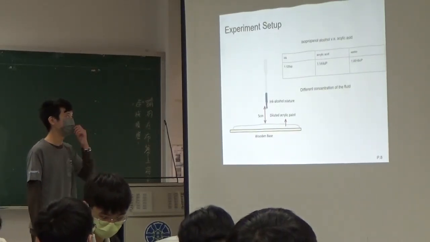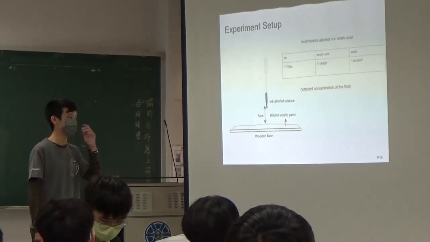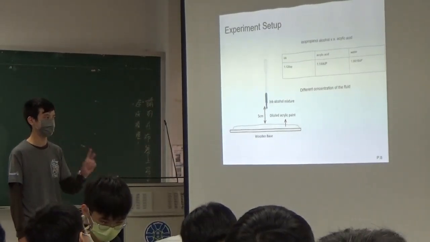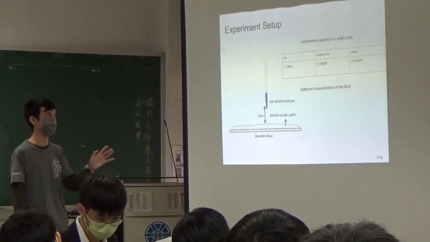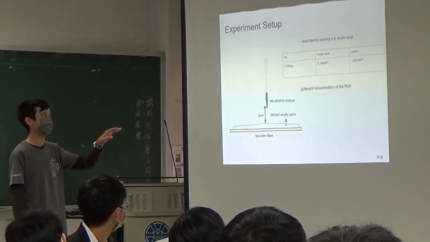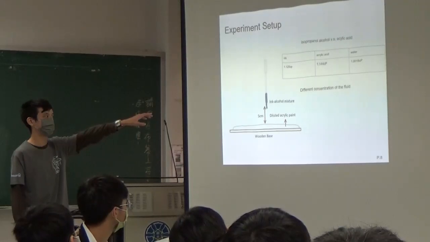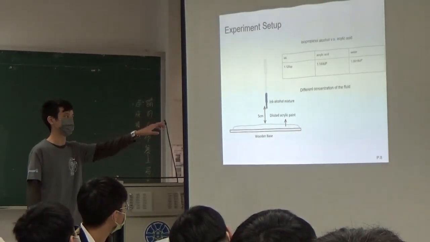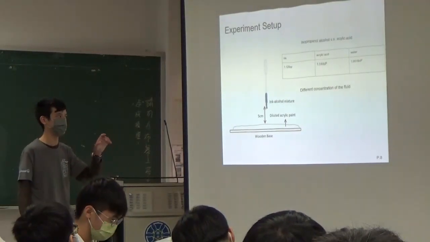Okay, so this is the experimental setup. In this experiment, we compare two different liquids: one is ink alcohol and the other is acrylic paint. We paint the acrylic onto the wooden base, and then we drop the ink alcohol mixture solution from a height of 5 centimeters, and the temperature is 20 degrees.